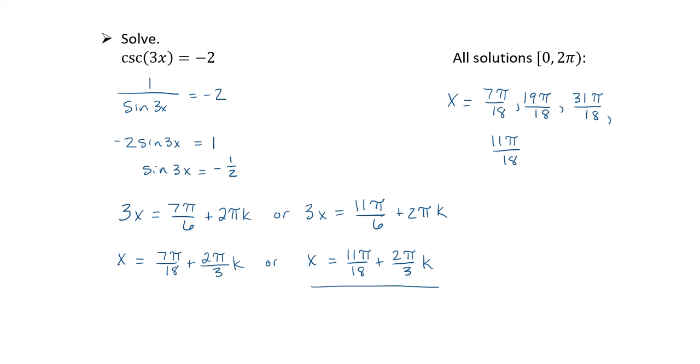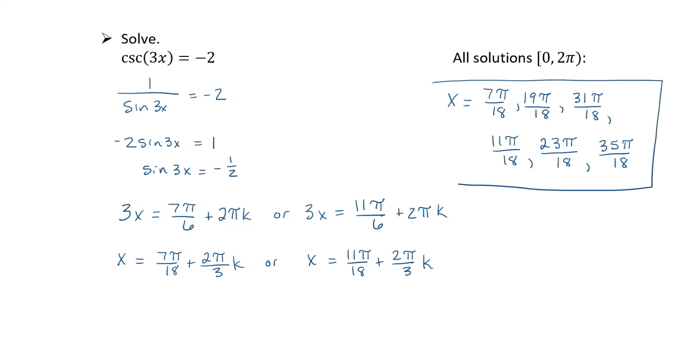If k were 1, I'd be adding 2 pi over 3 to that, and that's going to give me 23 pi over 18. And adding another 2 pi over 3, I would get 35 pi over 18. And if I add another 2 pi over 3, it will be past my 2 pi. So I've exhausted that formula as well. And these are all of the solutions between 0 and 2 pi.